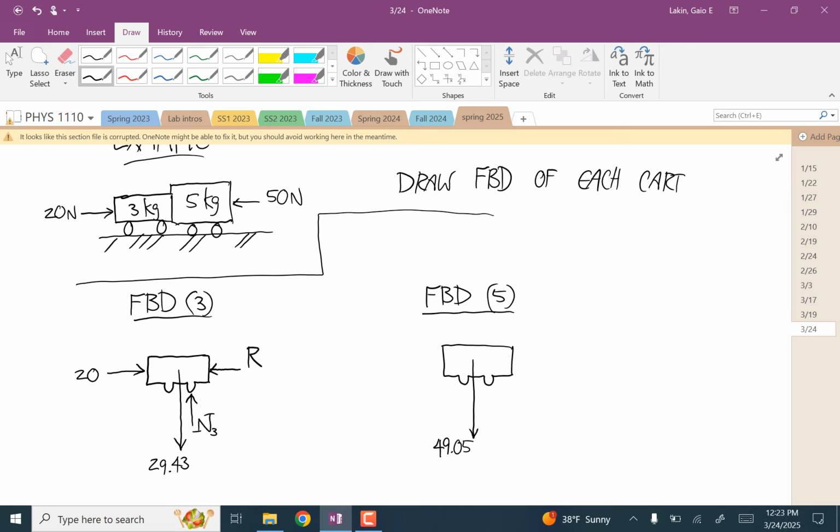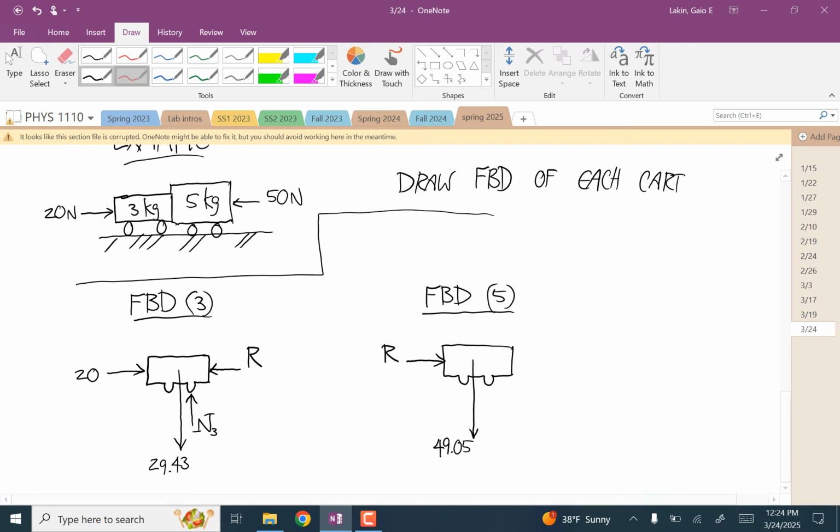And then over on the left side, the boundary is in contact with the 3 kilogram. That's a pushing force. So that force is perpendicular to the surface toward the chosen body. And since that's the same contact between two bodies as this R over here, we give it the same name R.